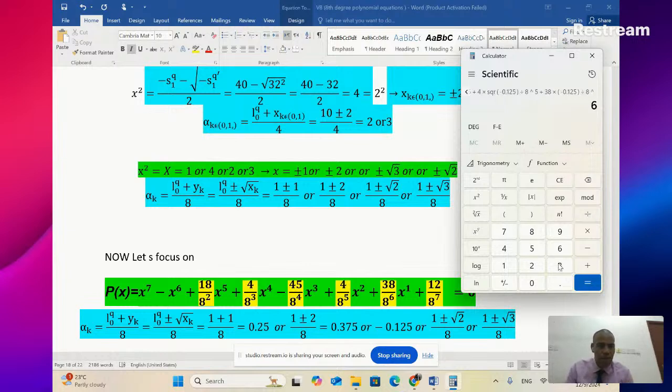So this one equals this. I will multiply by 8 raised to the power 7 to get a whole number. So this one, my kids, equals negative 12. So negative 12 plus 12 is going to be equal to 0.